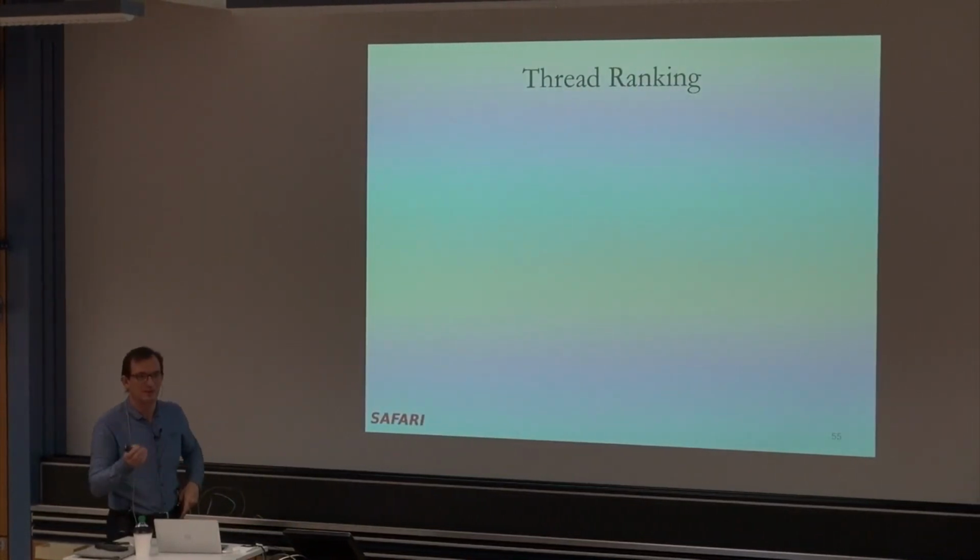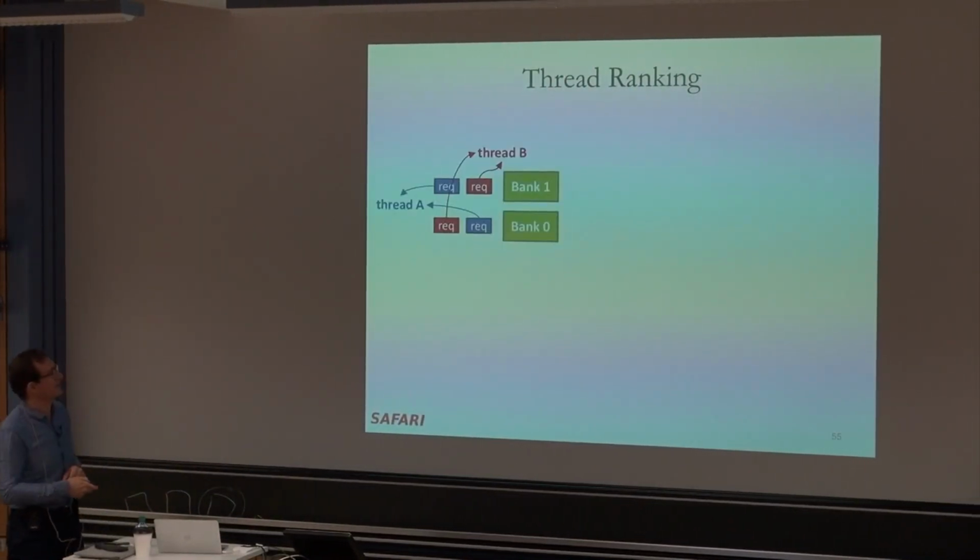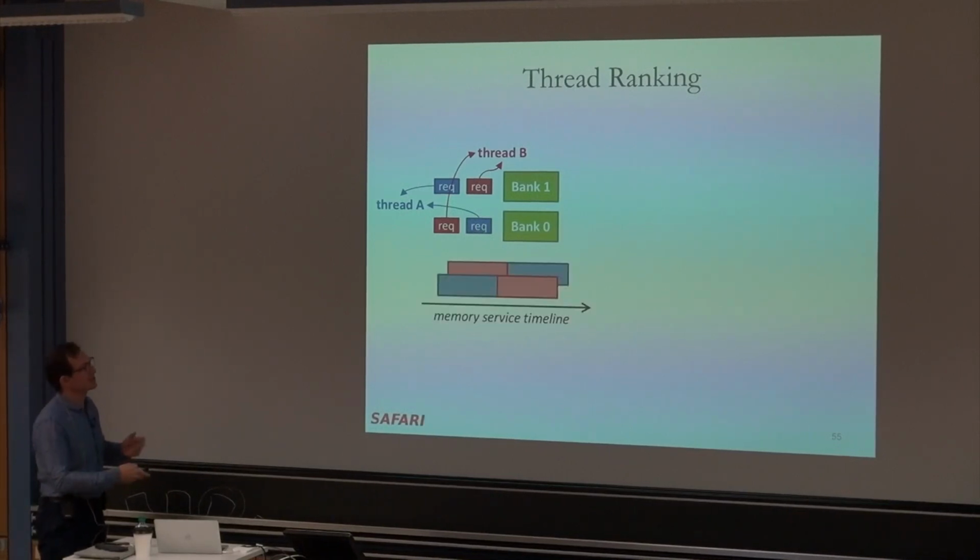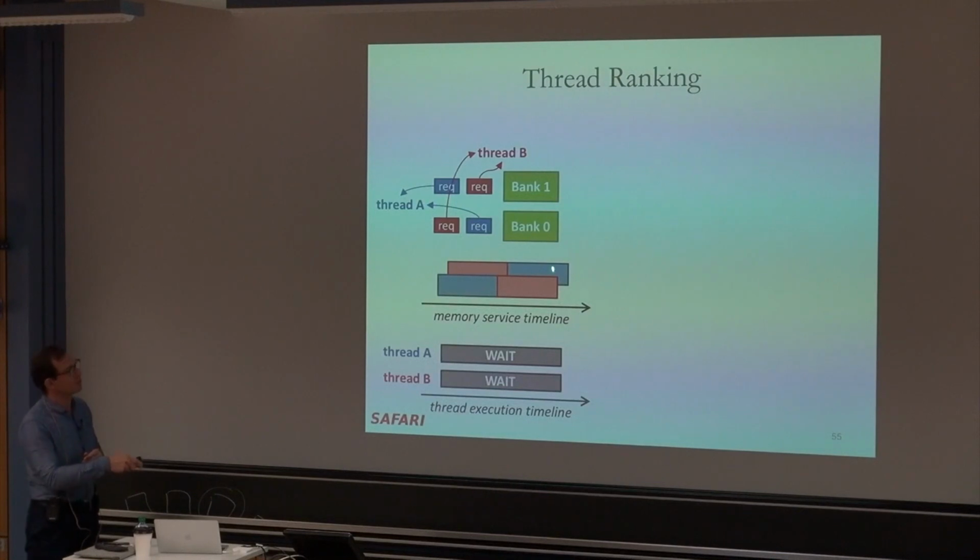Let me give you the benefit of ranking first before how we form the ranking. Basically, the problem is if you don't rank the threads, you have this issue: in bank 1, thread B's request is prioritized, and in bank 0, thread A's request is prioritized. As a result, both threads stall for 2 bank access latencies in this example, right? And that's the memory service timeline over here.